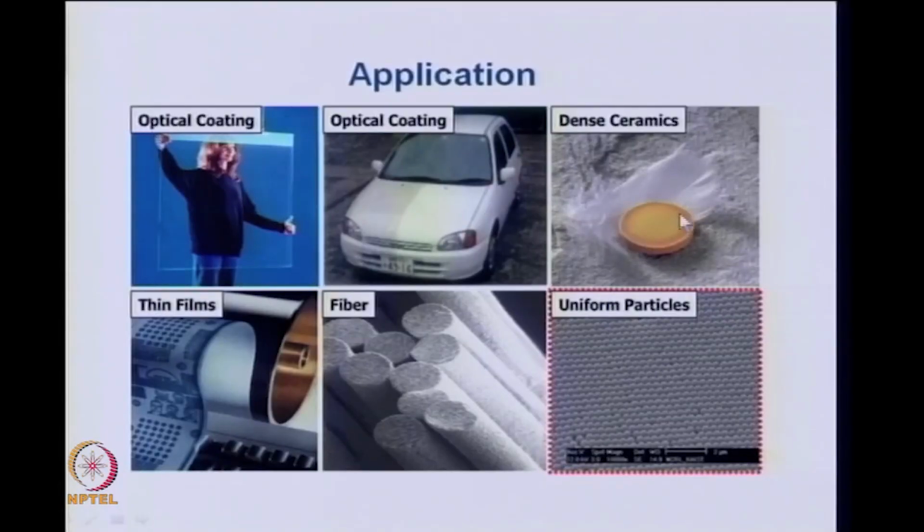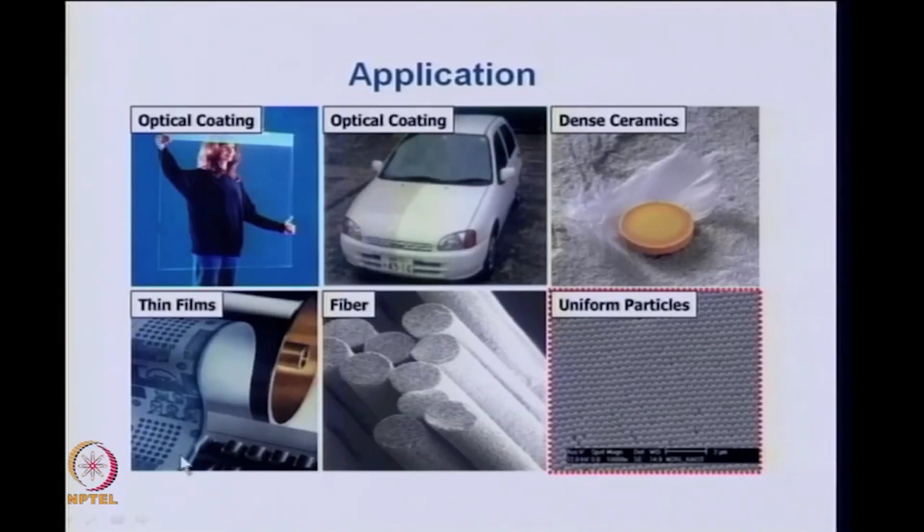You can have dense ceramics. This is a dense ceramic made up of a nanocrystalline or polycrystalline powder which was obtained by the sol gel method, and then it was compacted and sintered to get this kind of a disc form, which may have properties depending on the compound by which you have made this disc.